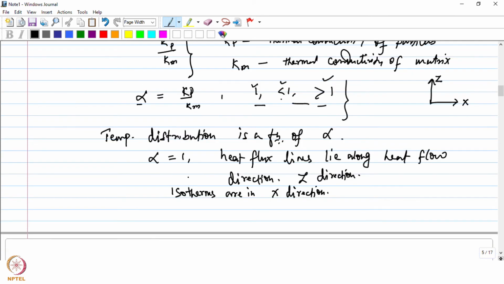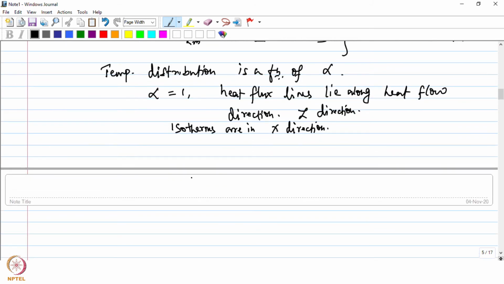So this is a scenario when alpha is equal to 1, the heat flux lines are along the Z direction and the isotherms lie along the X direction. Okay. So isotherms are parallel to the X direction when alpha is equal to 1. Now if alpha deviates from 1, if it is more than or less than 1, then these isotherms will also be deflected close to the particles.